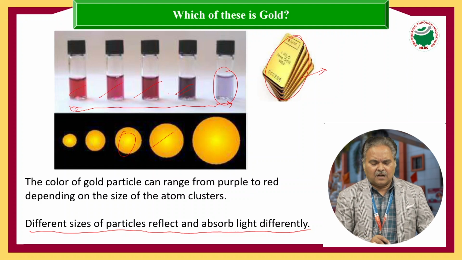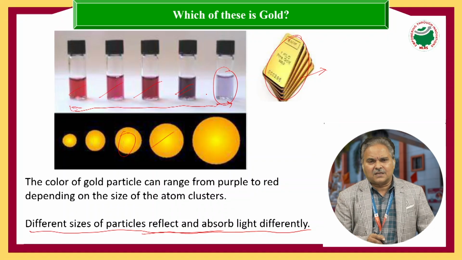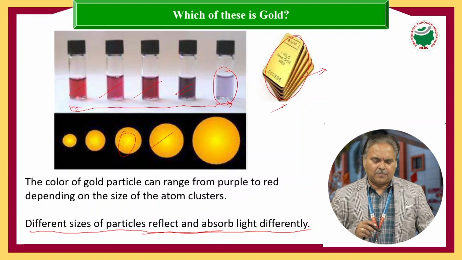The color difference depends on the absorption and reflectance rate. A bulk material absorbs some type of radiation and reflects it. If the particle size is reduced, the absorption rate as well as the reflection rate will be different, and due to that difference, you get different colors. That is how gold particle color depends on particle size.